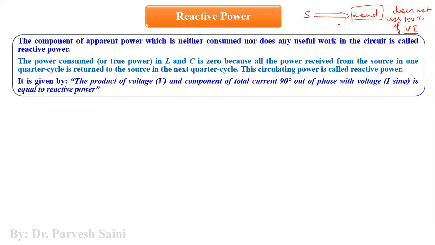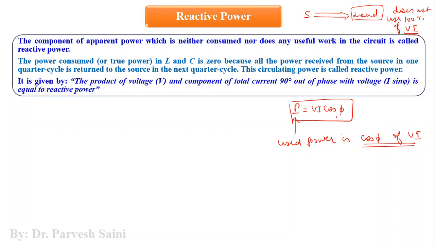So that means it will use cosine phi of VI, and this is what P is equal to. So the used power is cos phi of VI. So cos phi can be maximum equal to 1 when phi is equal to 0 degrees, right? And this is the ideal condition.